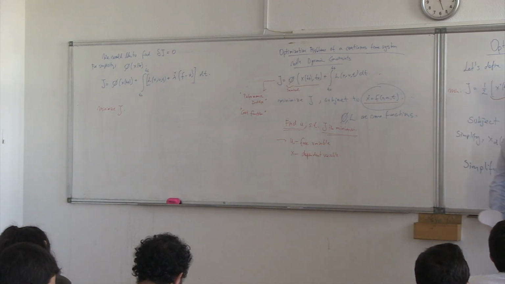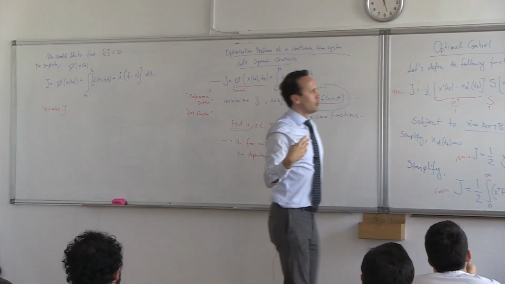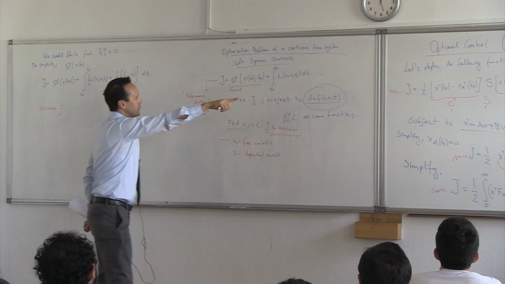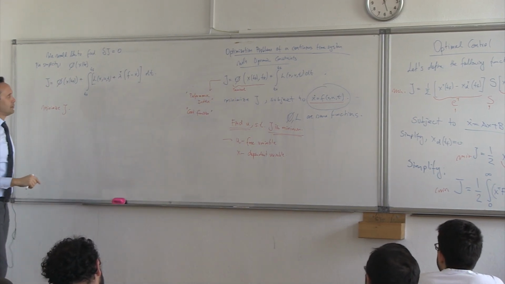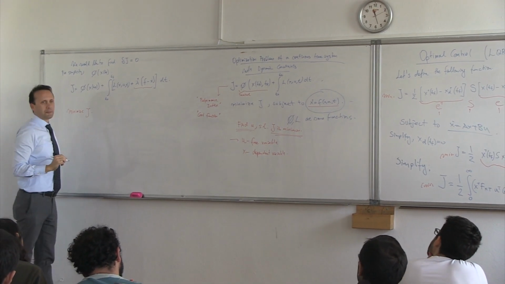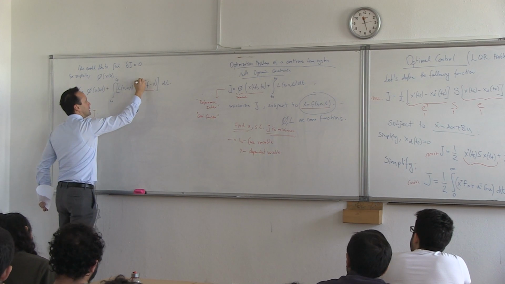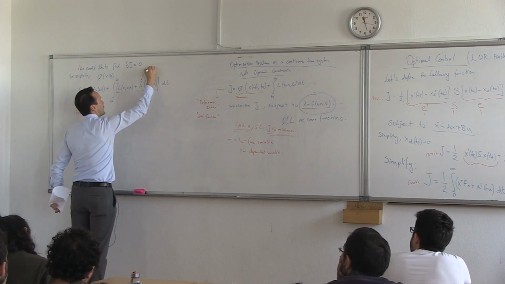And here, this is also very similar. This is a function of x and u. So we are still on our way. But here, this is new, and this is quite interesting. Now look at this. This lambda here is called the Lagrange multiplier.